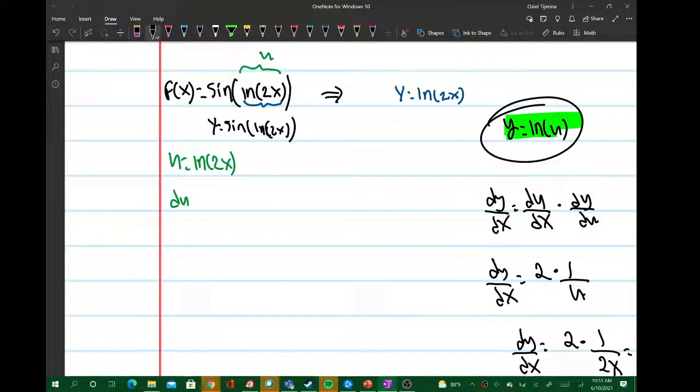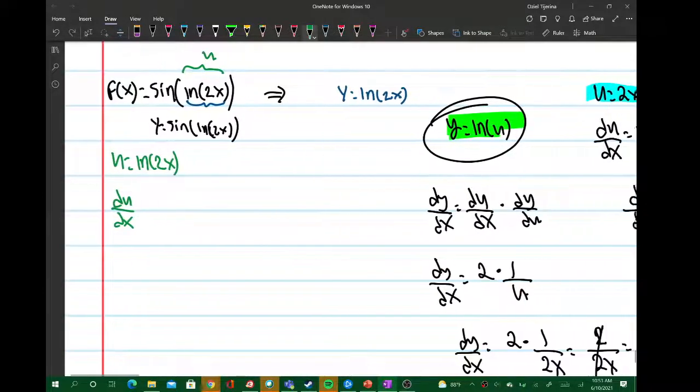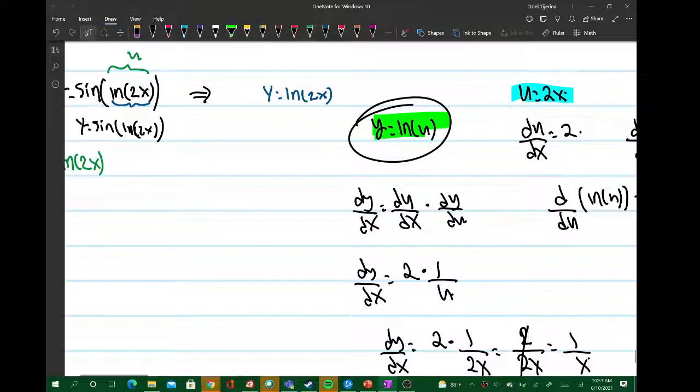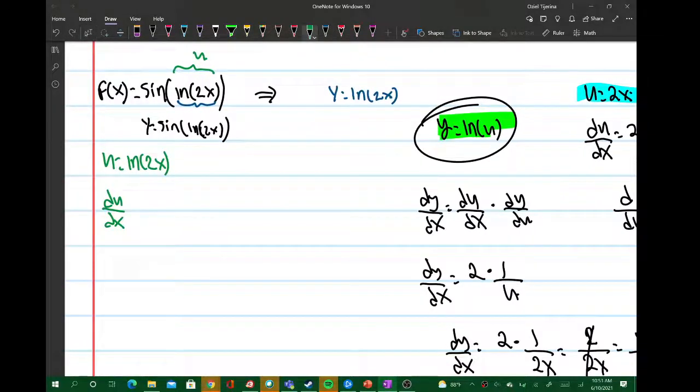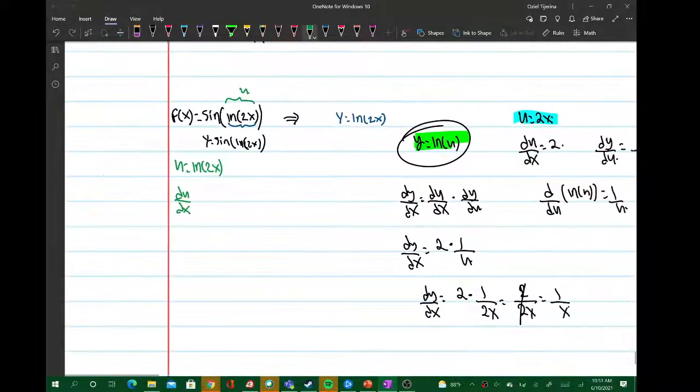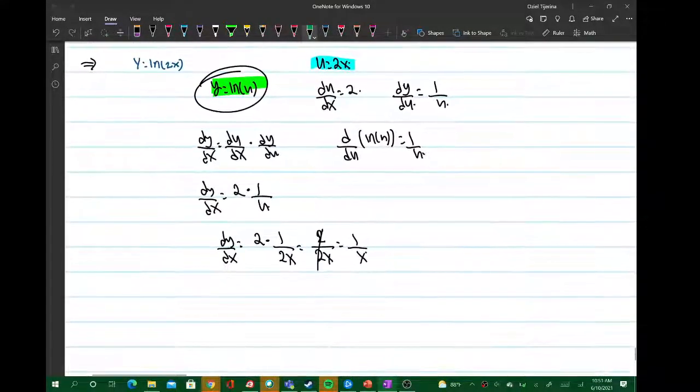So, du dx. We already found the derivative of this part over here, when we said y equals ln of 2x.